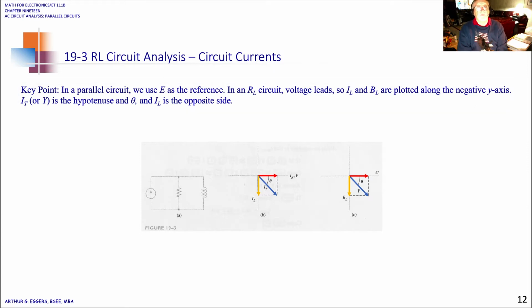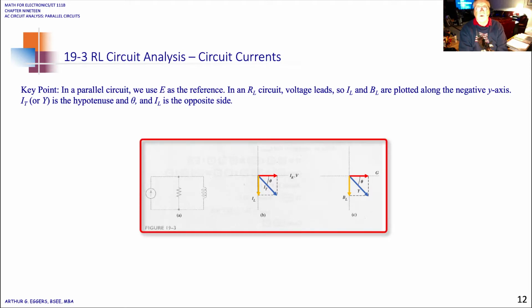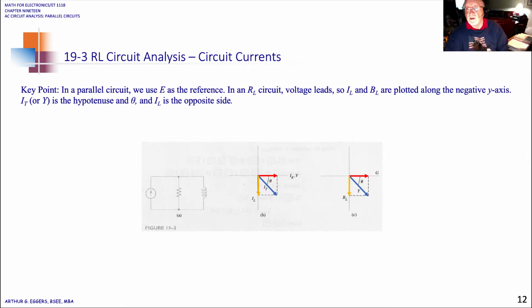So you can see from the figure we've got a simple RL circuit, and you can see the phasor representations associated with them. You'll notice that we have the phase angles outlined and the specific vectors or phasors for each of the components.